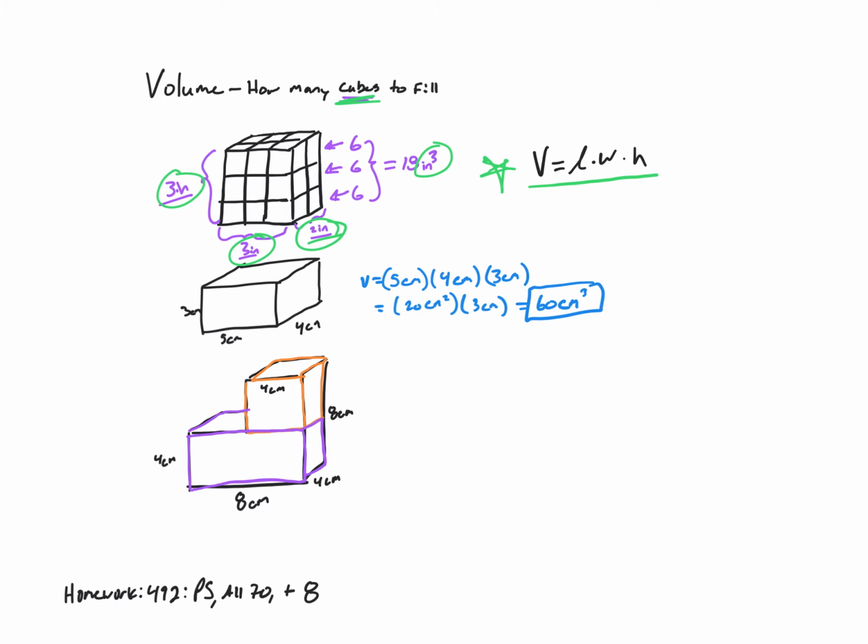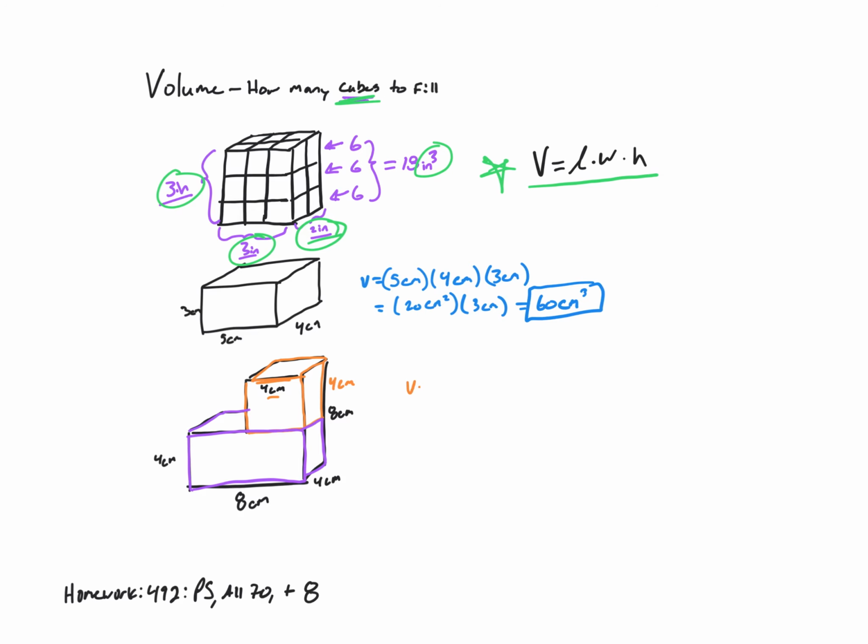First the orange one. I know it's 4 wide, and I know that the whole length here is 8, and the purple one right here is 4. So this must be 8 minus 4, which means this one is 4 centimeters tall, and the depth is the same here and here, so it's 4 as well.